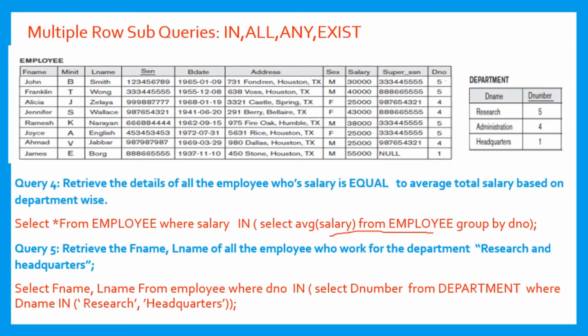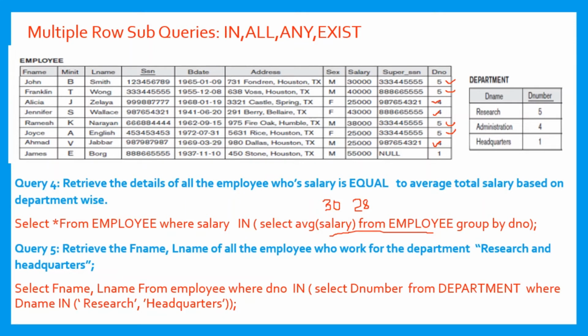Now assume department 5 has been grouped and its average salary is 30,000. This is the result for the average salary of department 5. Now department 4 has been grouped and we assume its average salary is 28,000.